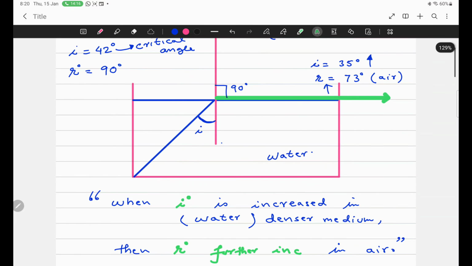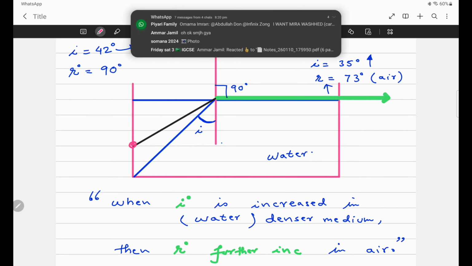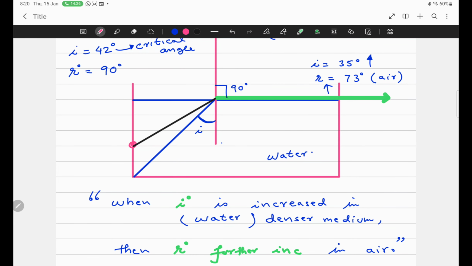But if you increase the incident angle further, consider the lamp is situated here. If the lamp is here, then the light will not exhibit refraction. The light will exhibit total internal reflection.